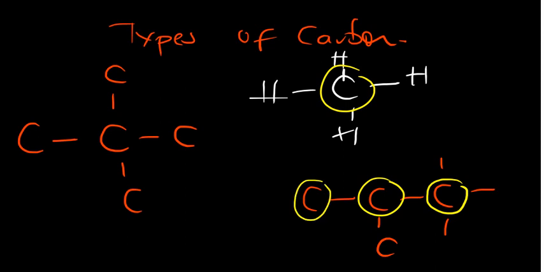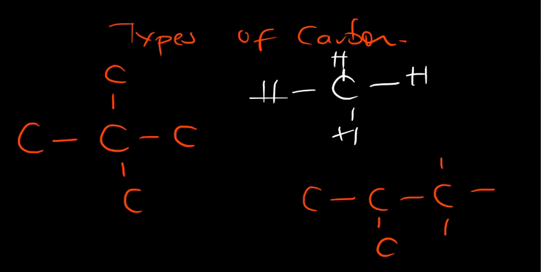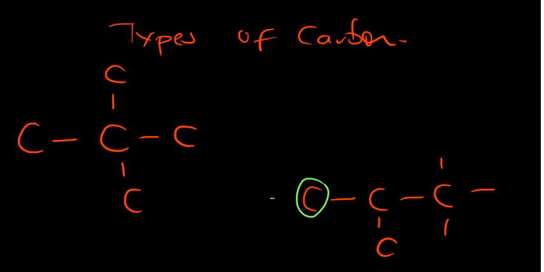So now, there's what we call a primary carbon. Which one is the primary carbon? A carbon connected to only a single carbon atom, with the other ones being hydrogen atoms, is referred to as a primary carbon.